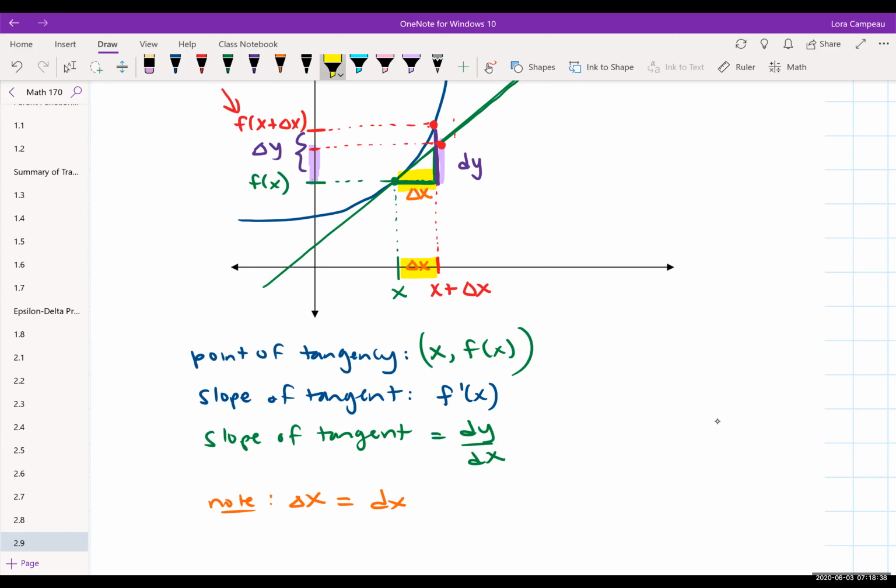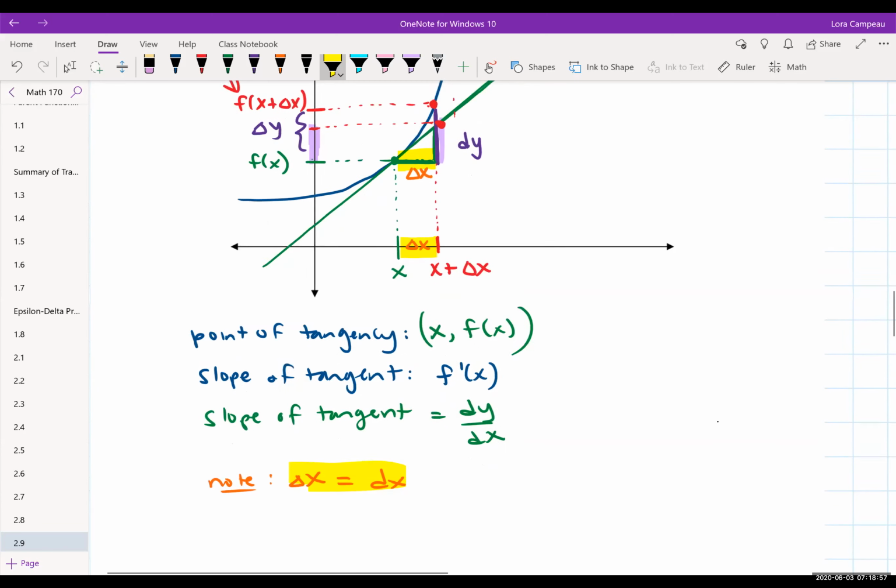See that yellow highlighting part right there? So the change in x's on your slope of your tangent line is the same as your delta x based on your change in the function. So that's the part we're trying to get you at. So this is happening in the picture above.